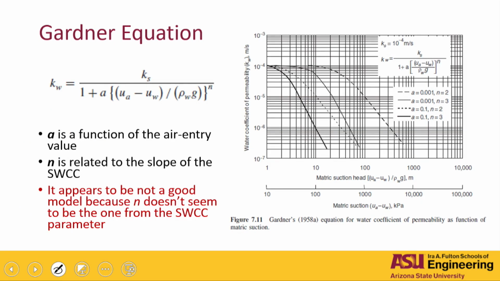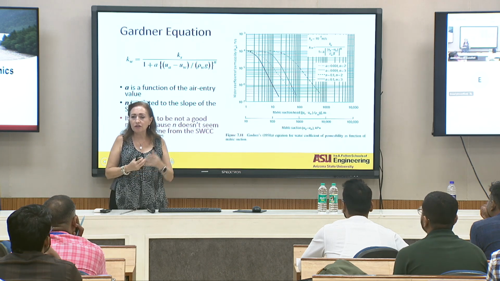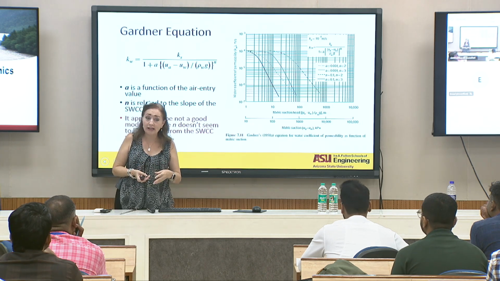Gardner equation, this is the second one that you saw on the list, that has an A and N parameter, and it's very interesting. You saw some of the SWCC models, right? You can use Fredlund and Xing, van Genuchten and all the students, Mualem, Burdine, all of them are great equations. Gardner is another great equation.